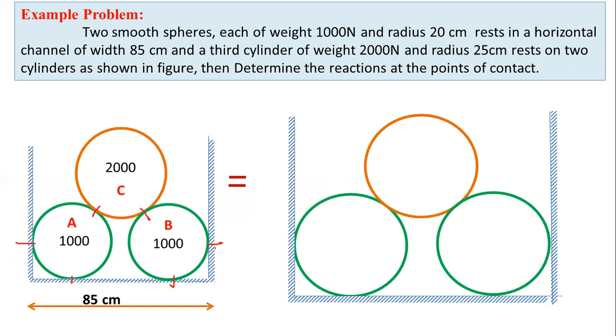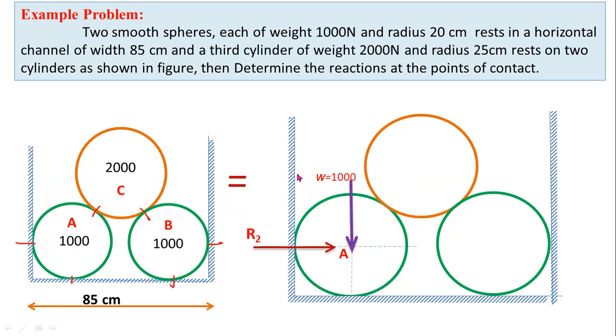So you have to consider 6 reaction forces. Here, this one is center A. This one is the self weight of cylinder A. 1000 newtons is the self weight of the bottom cylinder. And this one is the reaction force.